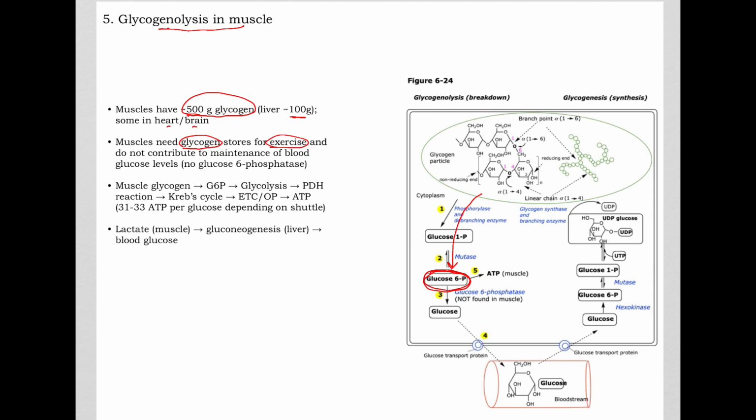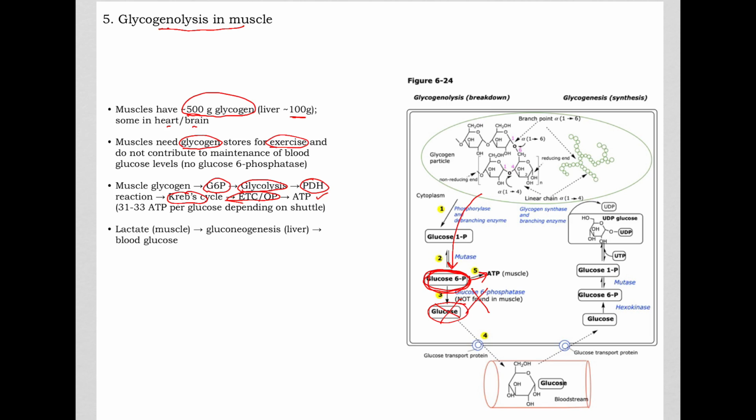But once we reach glucose 6-phosphate, muscles do not have the enzyme glucose 6-phosphatase. So they do not produce glucose. Instead, the glucose 6-phosphate that is produced will enter glycolysis, the main street we talked about, and then PDH, and then the Krebs cycle and the electron transport chain, oxidative phosphorylation, to give us ATP.